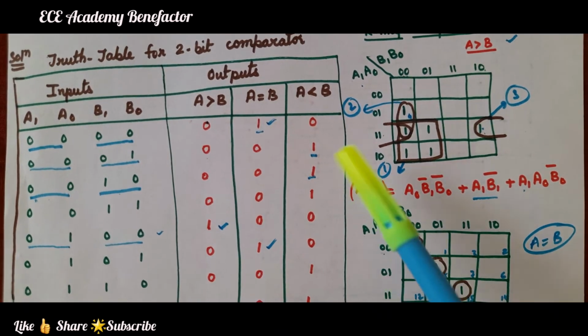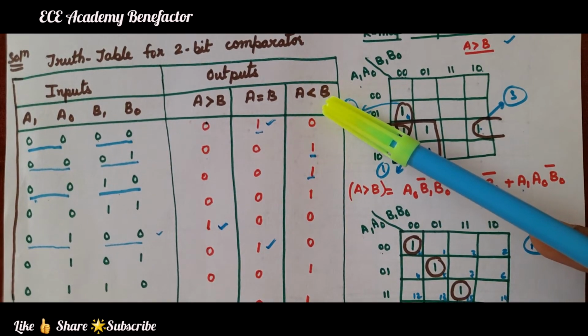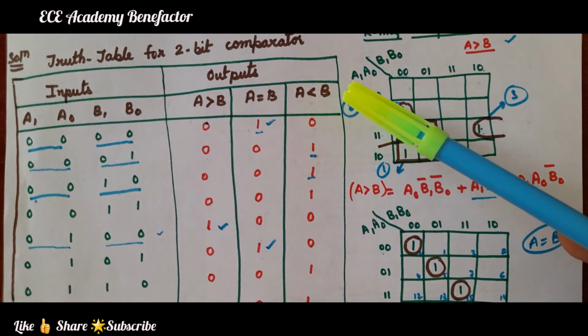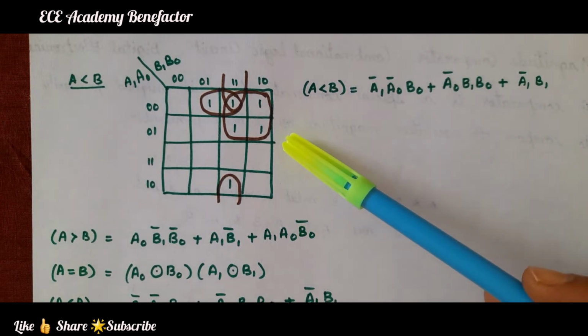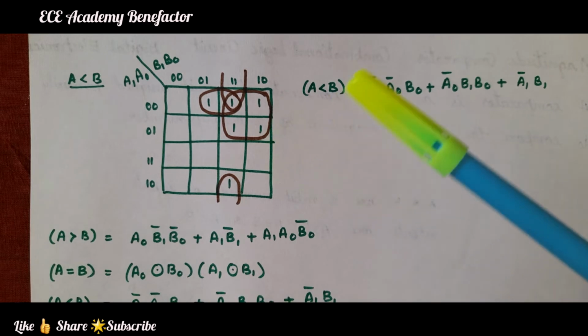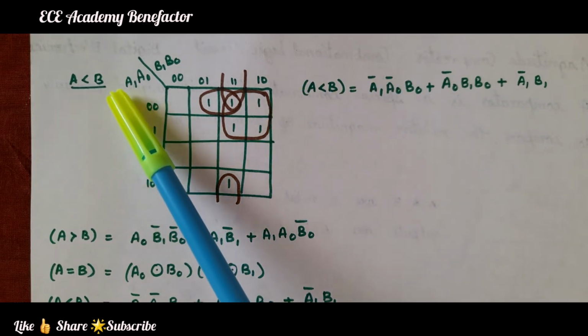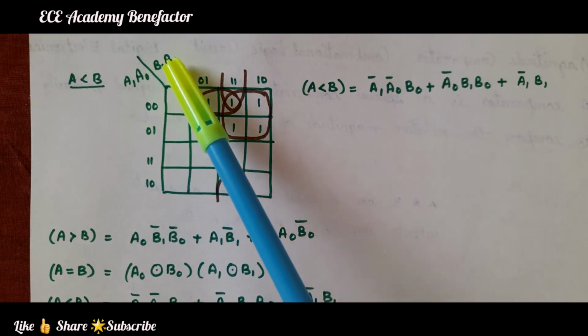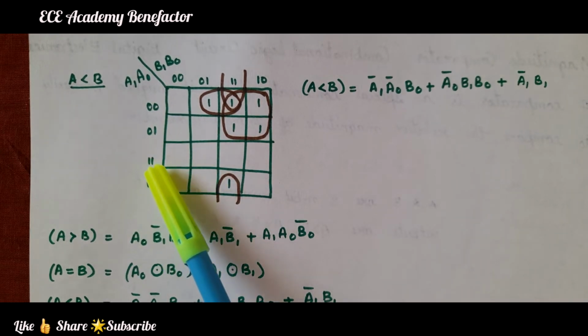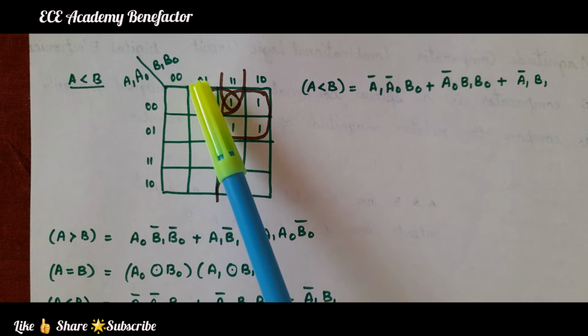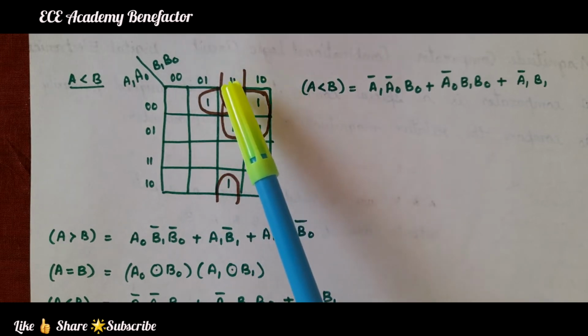Now let us simplify the K-map for A less than B. For solving A less than B, we have written the outer structure A1, A0, B1, B0: 0 0, 0 1, 1 0, 1 1, and 0 0, 0 1, 1 0, 1 1.